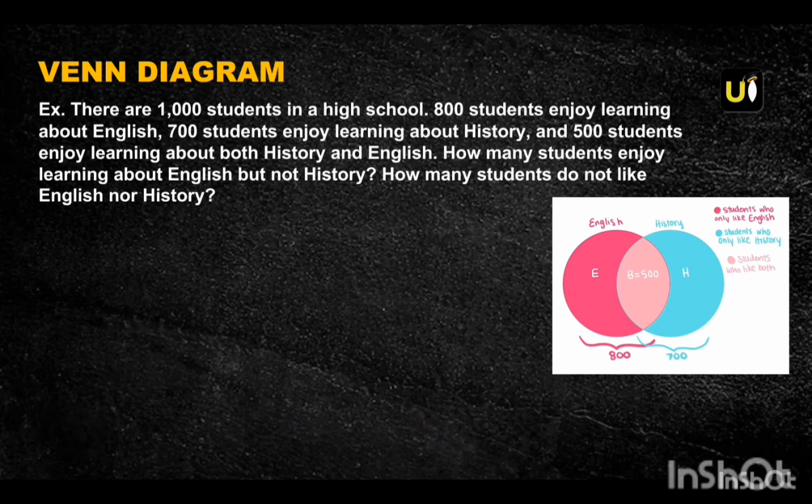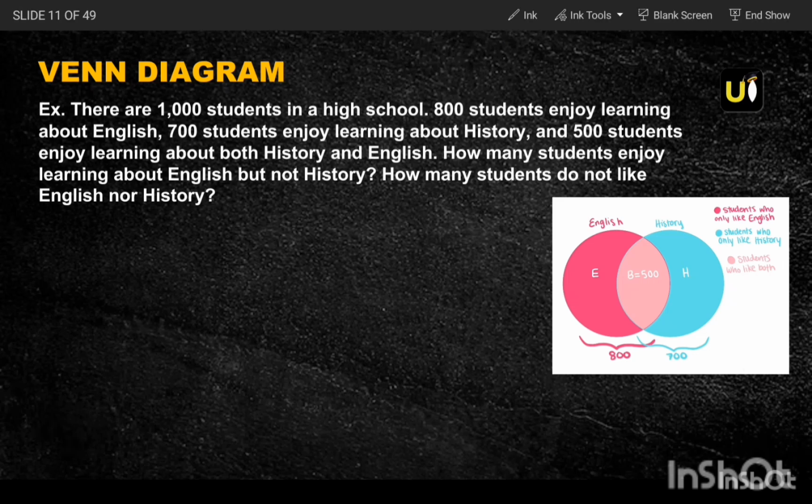Okay, as we have discussed how to represent sets using a Venn diagram, now let's solve a question. We are given a total of 1000 students, and 800 students enjoy learning English.